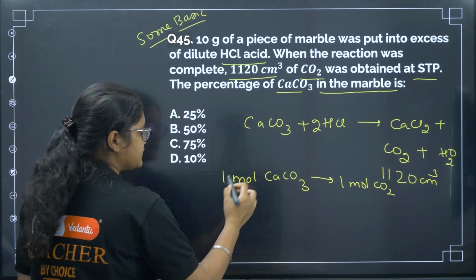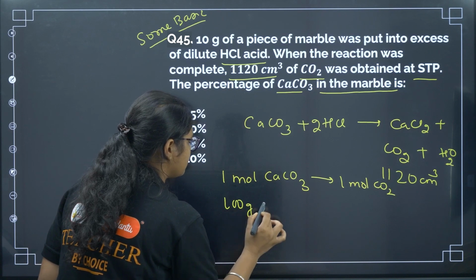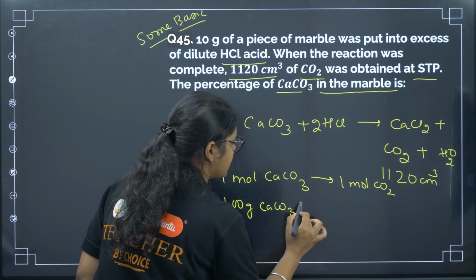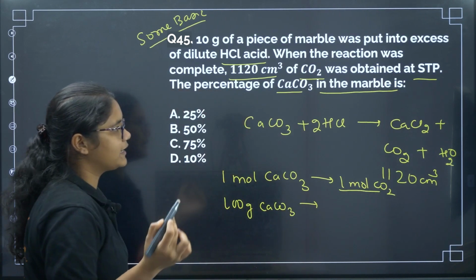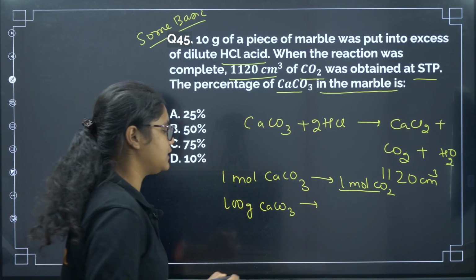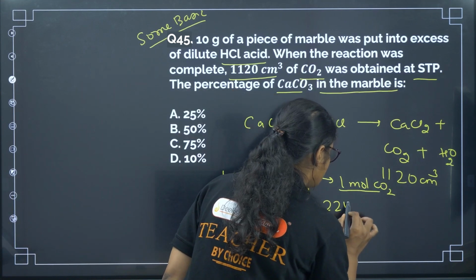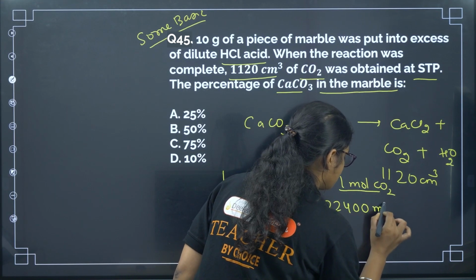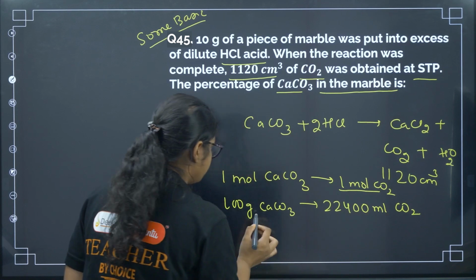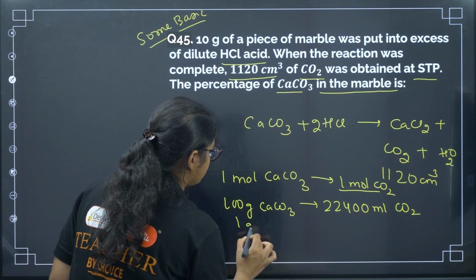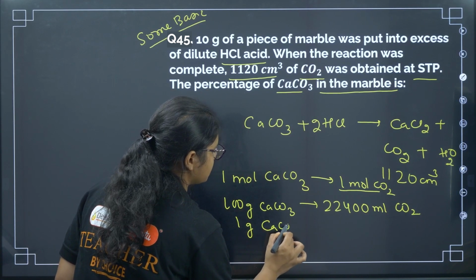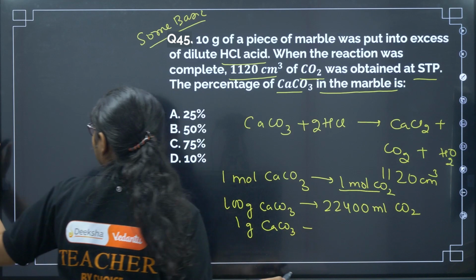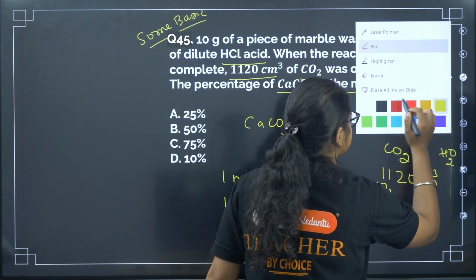Now if I convert this into mass, I can say 100 gram of CaCO3 will produce 1 mole of carbon dioxide, at STP it is mentioned, so it occupies 22,400 ml of CO2, right? We can write it in the other way. So just a minute.